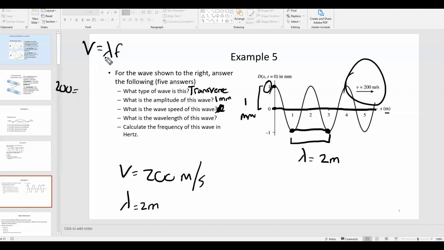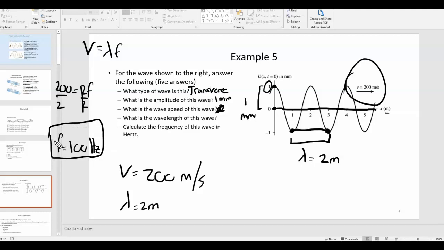That's equal to lambda, which is 2, times the frequency, which is F. We want F by itself, and it's being multiplied by 2. So I need to divide both sides by 2. And I get F equals 100 hertz. Remember, hertz is Hz. And that is it for example 5.